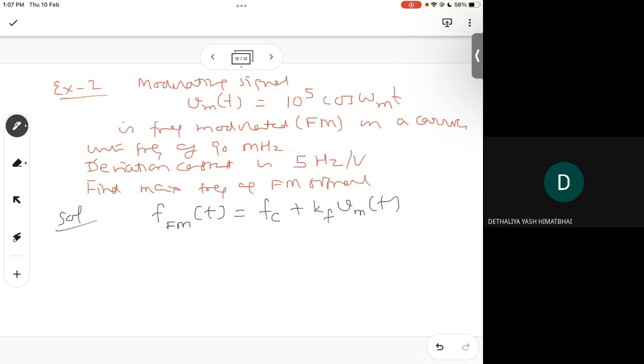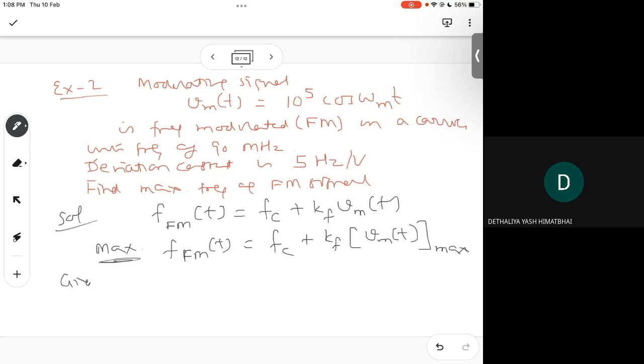Okay, and I have to find the maximum. In the previous case, I just found the relation. Now I have to find the maximum of f of fmt, which could be given as fc, which will remain the same, neither maximum nor minimum, and kf, but where my this thing is maximum.